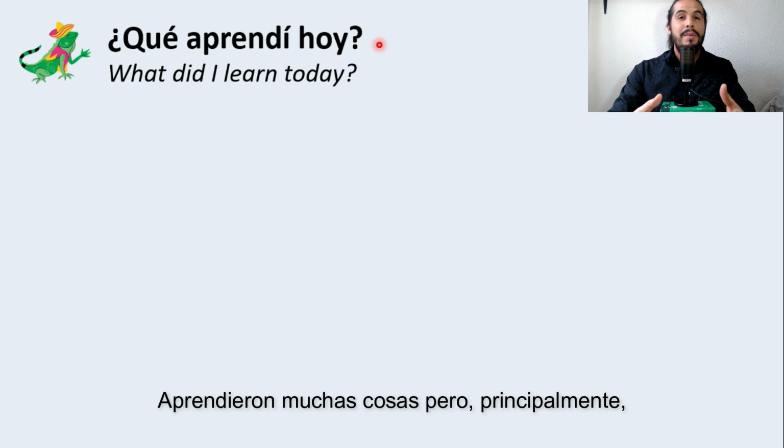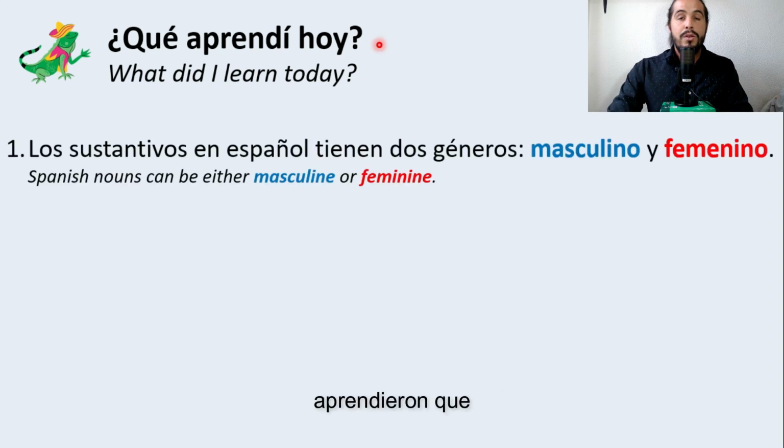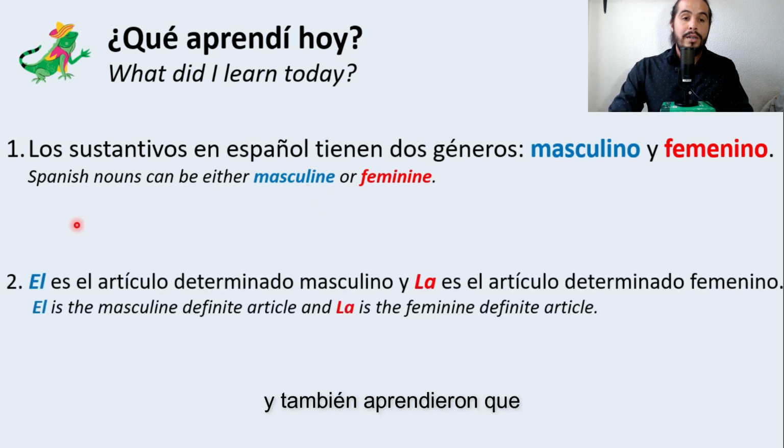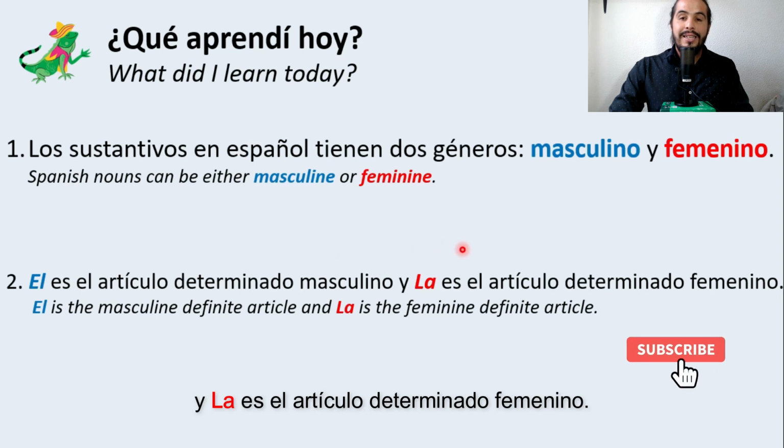You learned many things, but mainly you learned that los sustantivos en español tienen dos géneros, masculino y femenino. Spanish nouns can be either masculine or feminine. And also you learned that el es el artículo determinado masculino y la es el artículo determinado femenino. El is the masculine definite article and la is the feminine definite article.